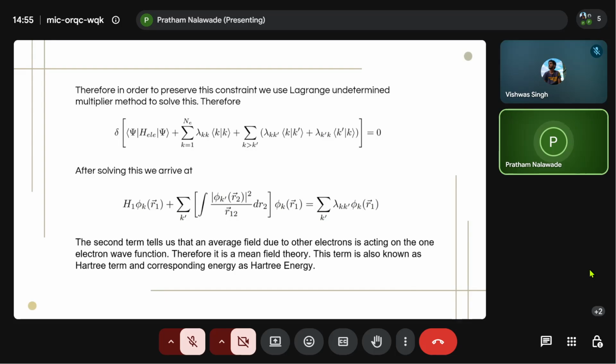So the first equation is your complete equation, which you have to vary, and after doing this variation, you get to this equation. Since we have varied this energy with respect to only a single orbital wave function, you can see this equation has now become a single body equation.